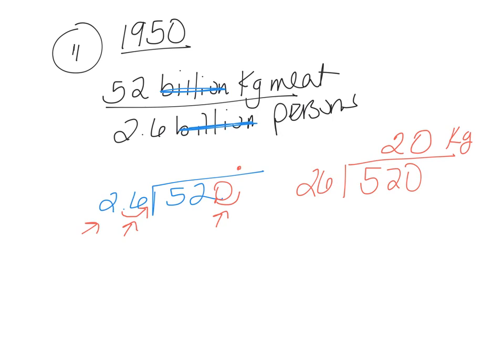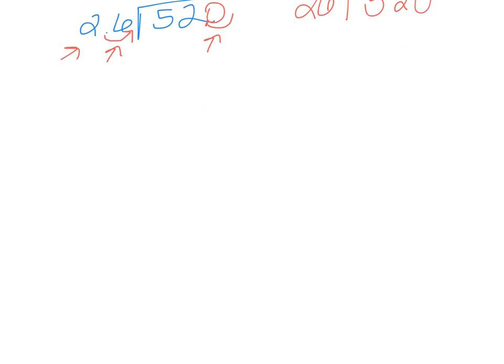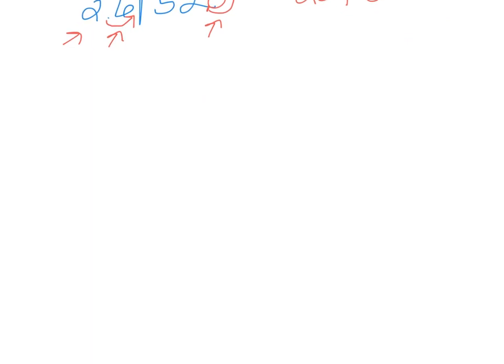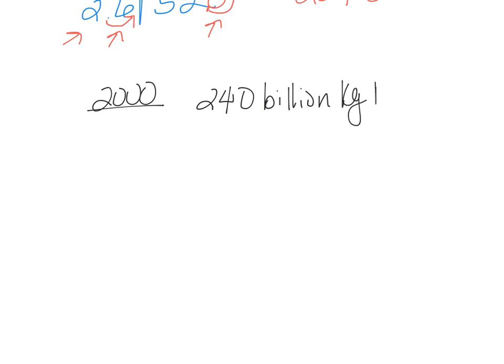And the next part is the same sort of thing. So in the year 2000, we went up to 240 billion kilograms of meat. And now we're up to 6 billion. So this was a while ago.